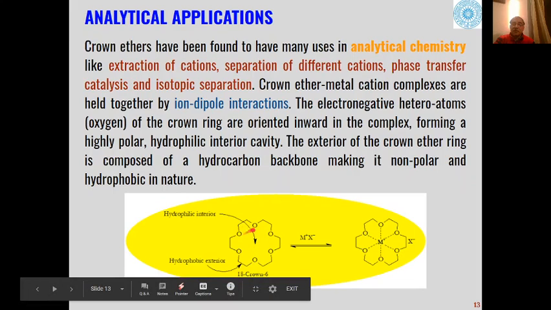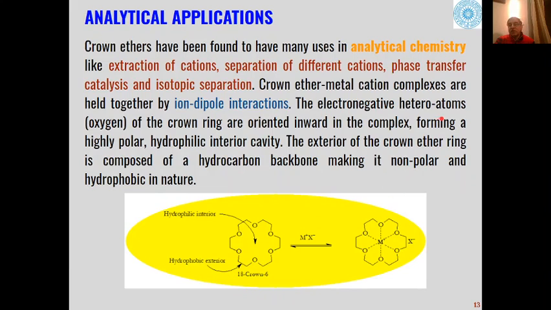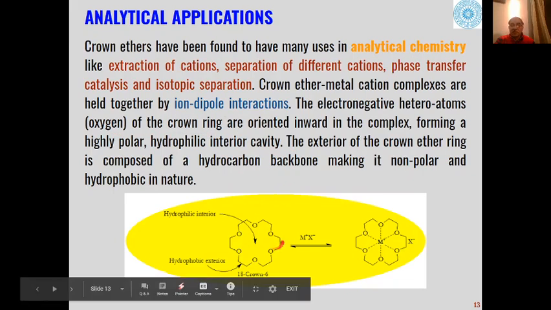Dipoles are formed because of the presence of heteroatoms like oxygen or nitrogen or sulfur. So the electronegative heteroatom oxygen of this crown ring, as I have told you, is oriented inwards in the complex to form this hydrophilic interior cavity, and the exterior, as I have already told you, is composed of hydrocarbon, non-polar in nature. That is why this is hydrophobic in nature.